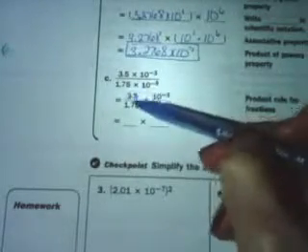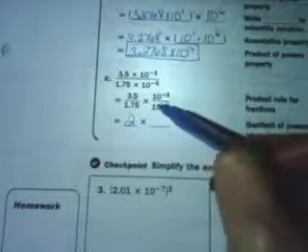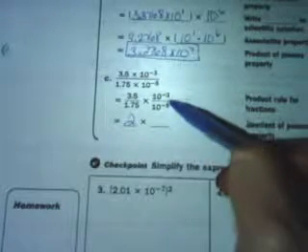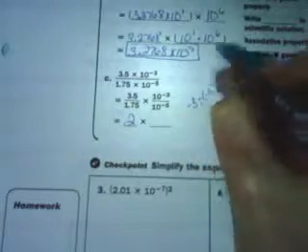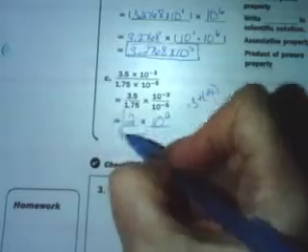Okay, what is 3.5 divided by 1.75? It is 2. So 2 times, remember when you're dividing like bases, what do you do with your exponents? You're going to subtract. So you're going to have negative 3 minus negative 5, which I know gives me 2. So times 10 to the 2nd power. This is in scientific notation, so that's all you can do.